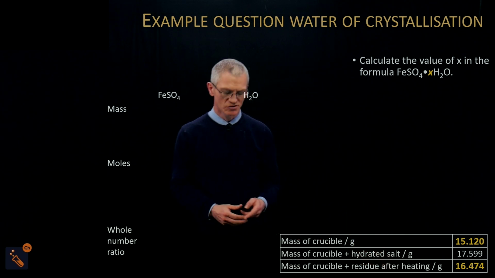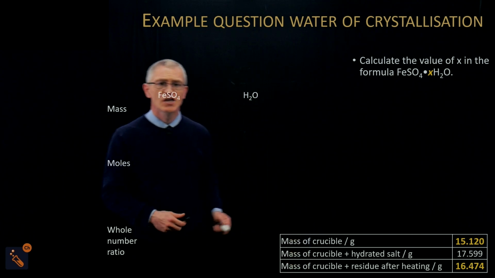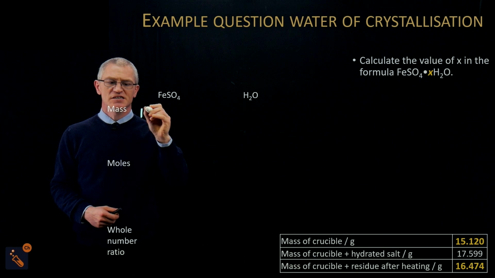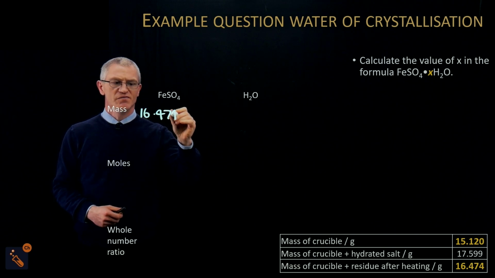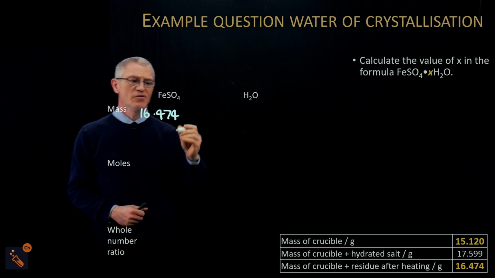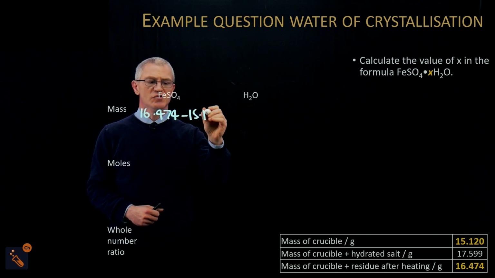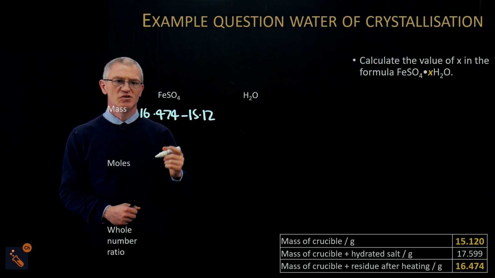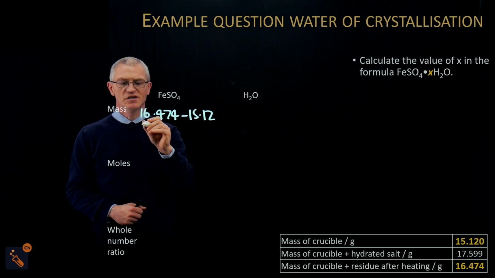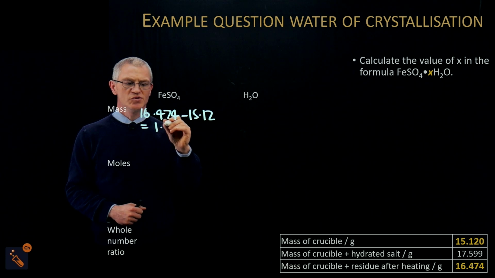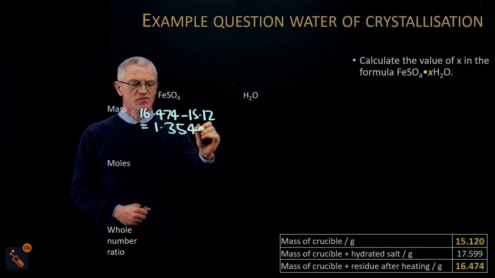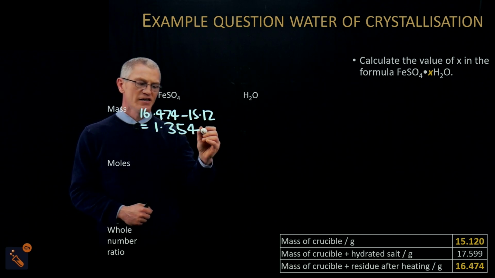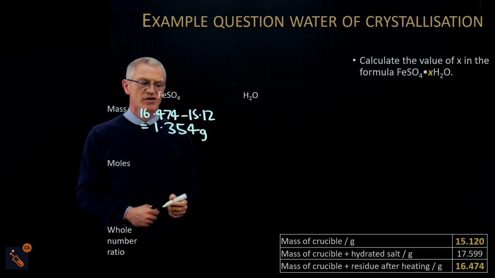Then we'll have the residue remaining. So when we're calculating the mass here, we can say it's 16.474 minus 15.12. If we minus 15.12 from 16.474, that'll be equal to 1.354, and that will be in grams.